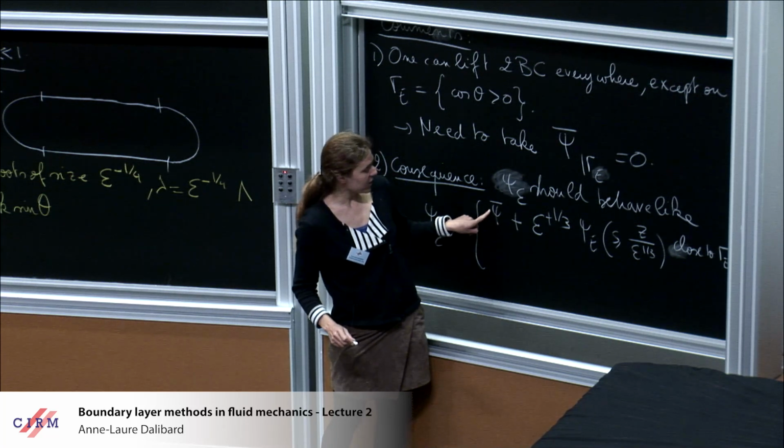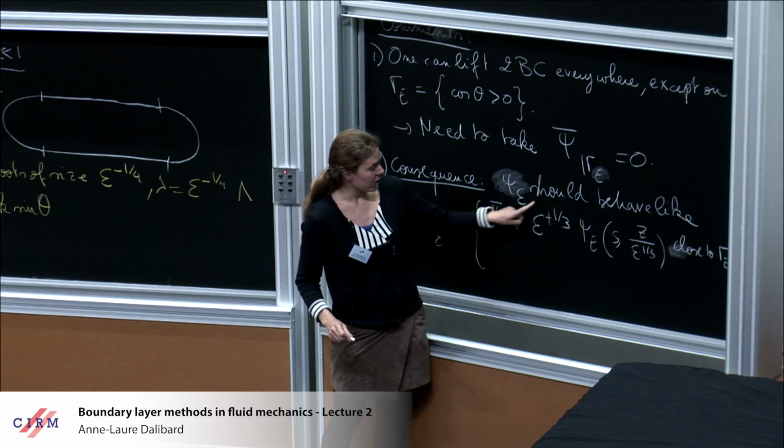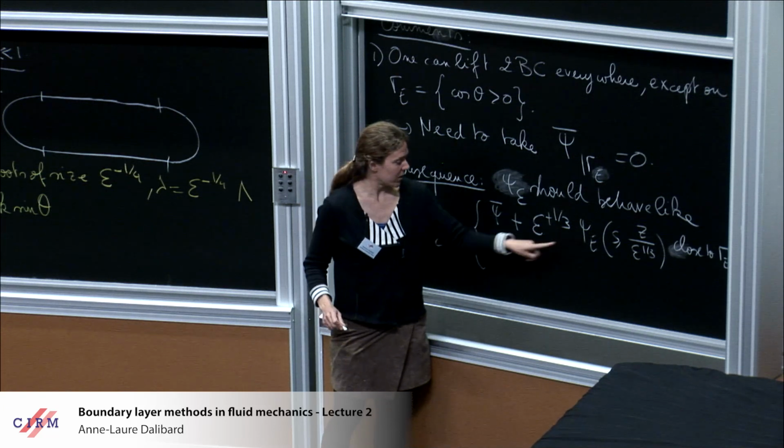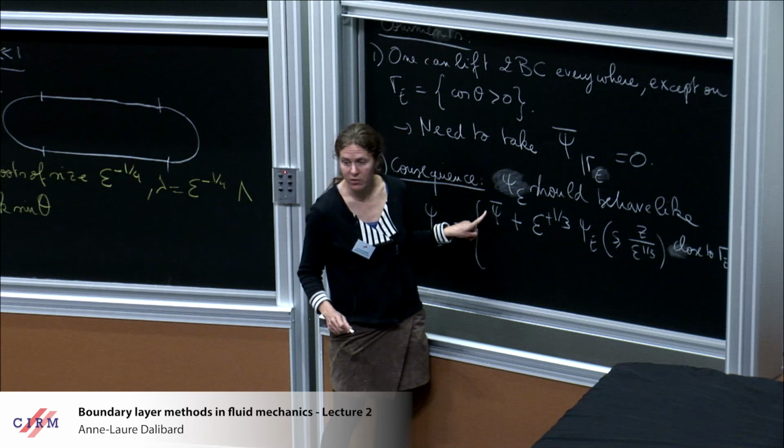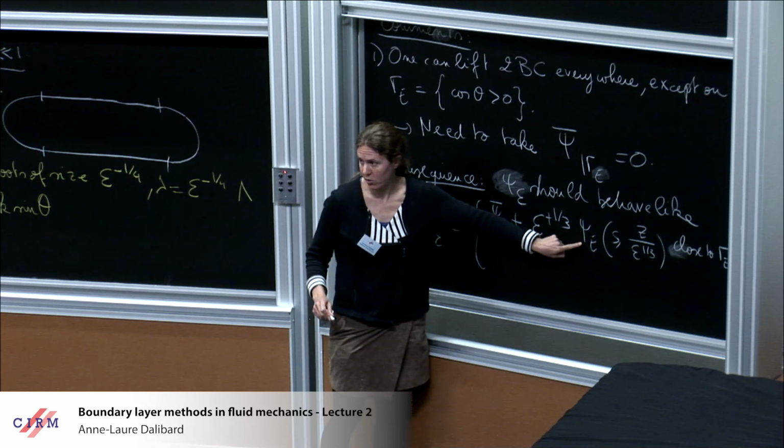Okay, this one vanishes on gamma E, and this one has a small trace. And then to cancel out the normal derivative, this is what prescribes you the choice of this one.